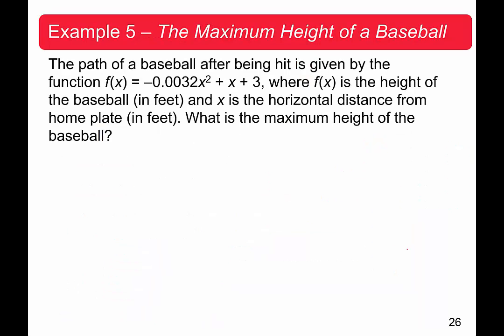The path of a baseball after being hit is given by the function f of x equals negative 0.0032x squared plus x plus 3, where f of x is the height of the baseball in feet, and x is the horizontal distance from home plate in feet. What's the maximum height of the baseball? Since the leading coefficient a is negative 0.0032, less than 0, the parabola opens downward.